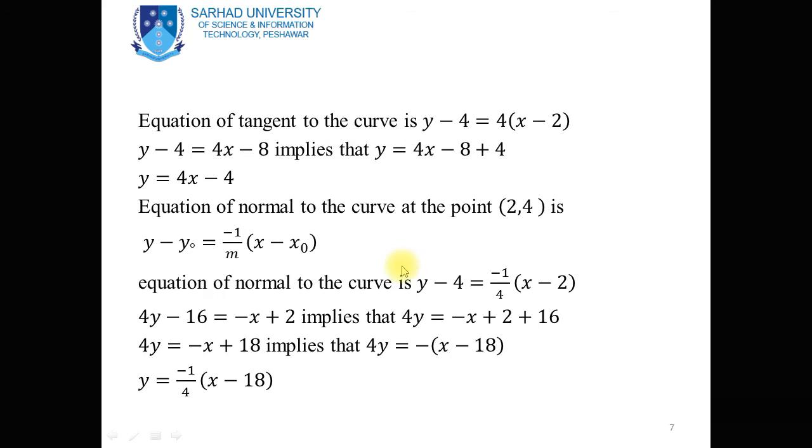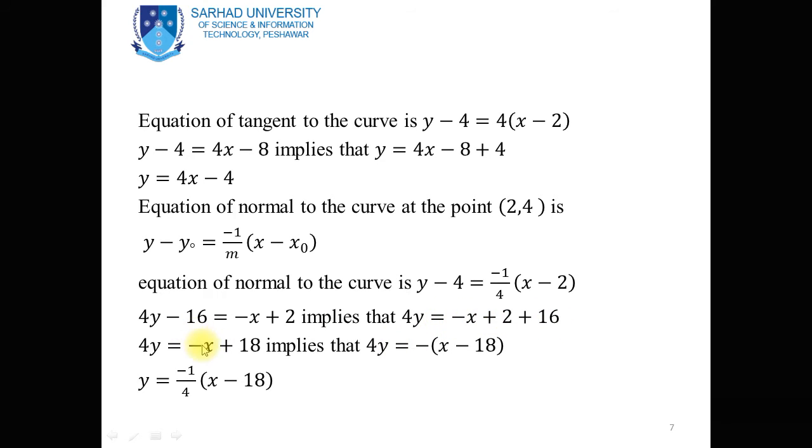So in this formula you see over here, the y naught value is 4 and the slope minus 1 over m means minus 1 over 4. This is the slope of the normal line, and x minus x naught, where x naught is 2. Now to simplify this equation, multiplying both sides by 4, we obtain 4y minus 16 is equal to minus x plus 2, and this implies that 4y is equal to minus x plus 2 plus 16.